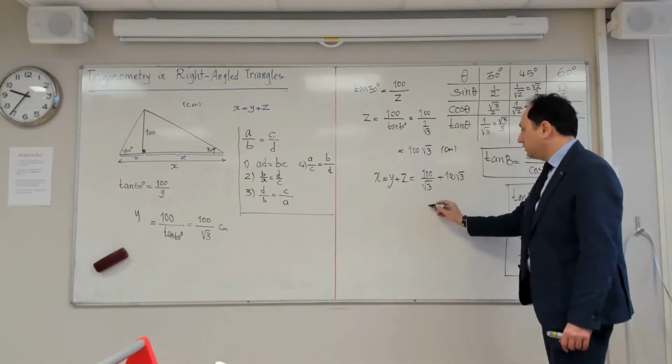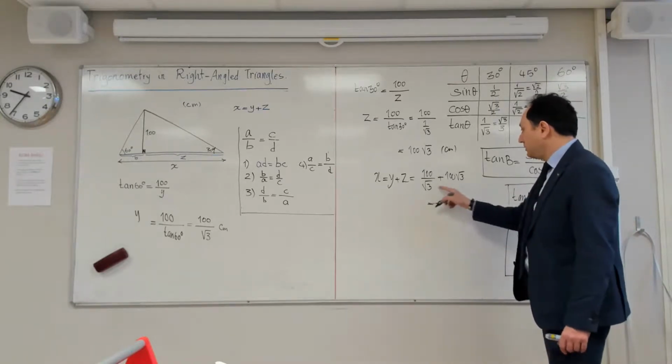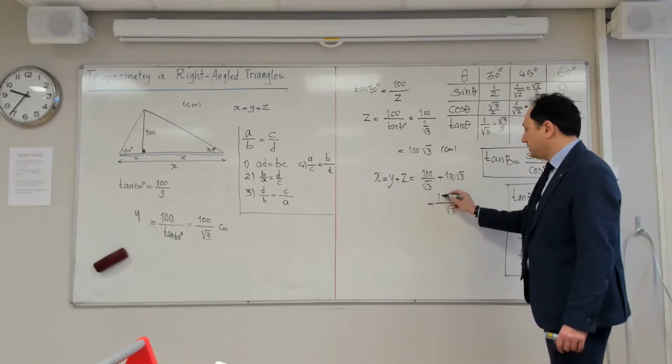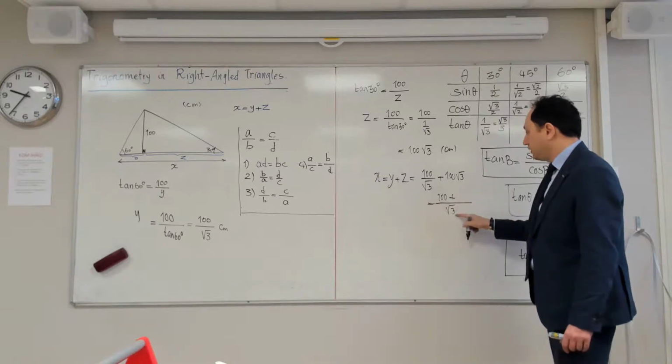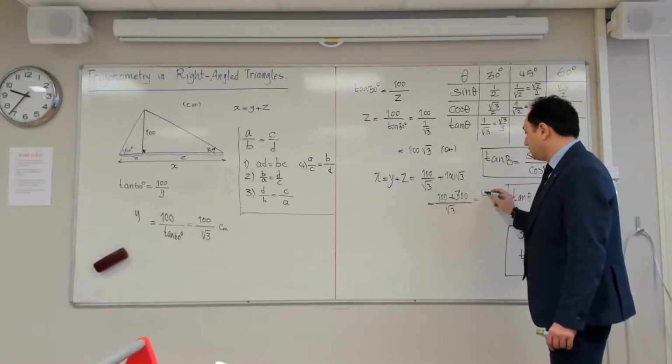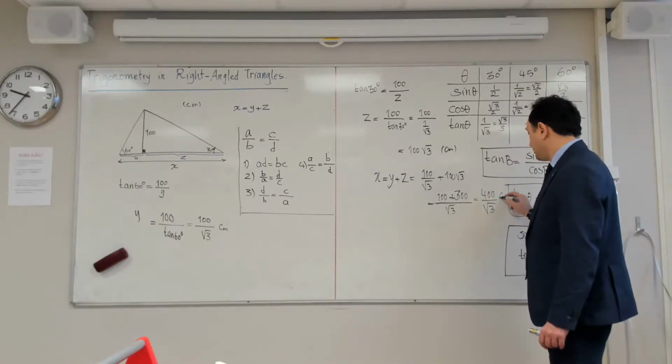So what can I do? For example, I can take the common denominator to be square root of 3. So this would be 100 plus, this will be multiplied here. Square root of 3 times square root of 3 is 3. 3 times 100 is 300. And then it becomes 400 divided by square root of 3 centimeters.